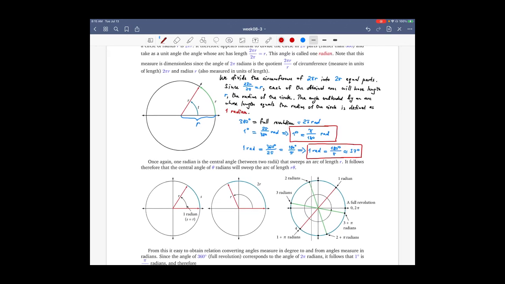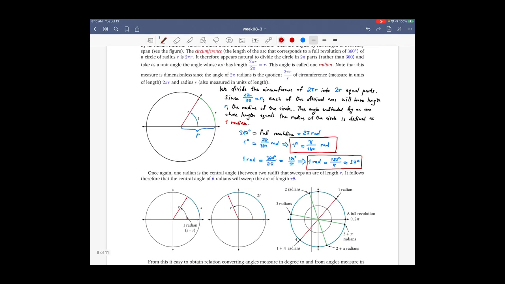It's also important to note here that when you measure angles in degrees, you have to include units. But when you measure angles in radians, you get a measurement that's unitless. Radian measure is unitless. You don't have to write rad every time.